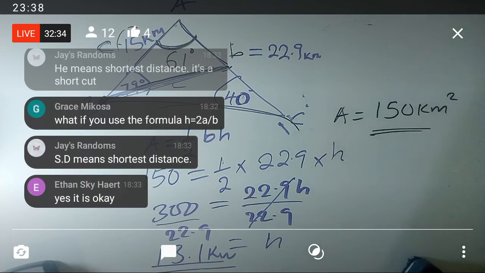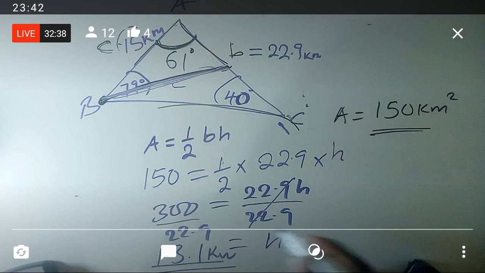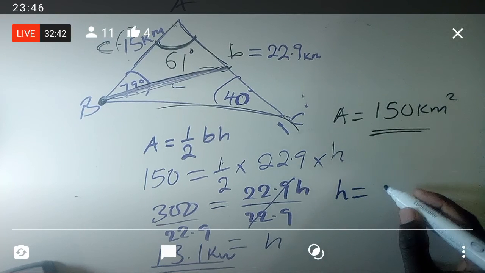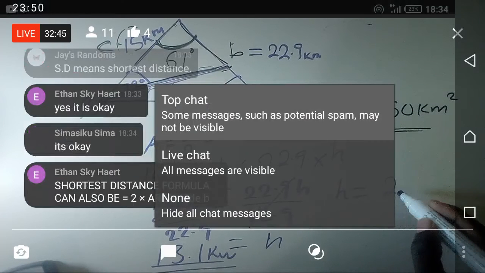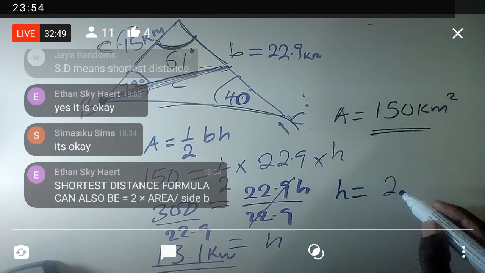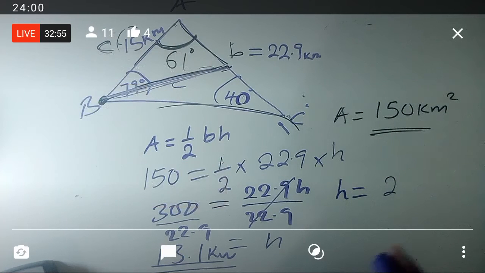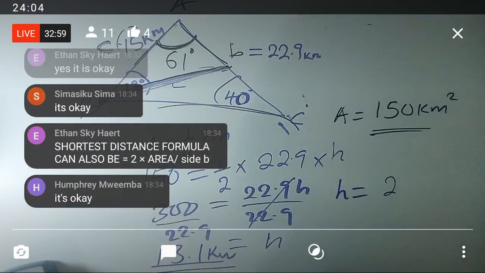Okay, you're saying I use the formula h is equal to 2 times area over shortest distance. Okay.